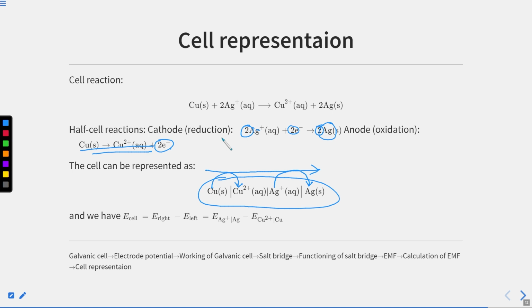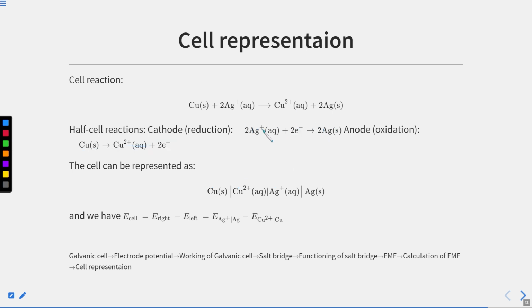The physical significance is that 1 Ag plus will give 1 electron, which will not be enough for Cu to go to Cu2 plus. Sorry, the opposite: Cu going to Cu2 plus is releasing 2 electrons, meaning that if we have to add both of these, their electron equivalence should be the same.